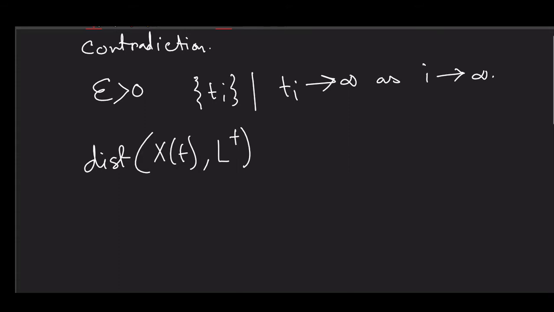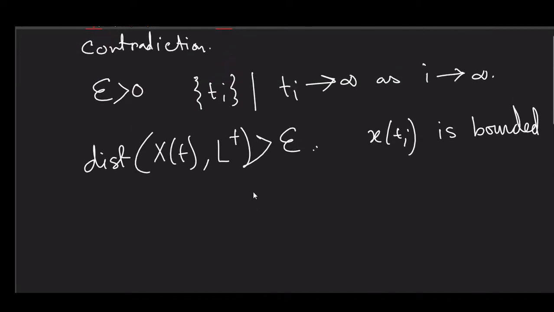Otherwise, you just assume that the things are. So this is clearly a contradiction. Now the sequence x(t_i) is however a bounded sequence.